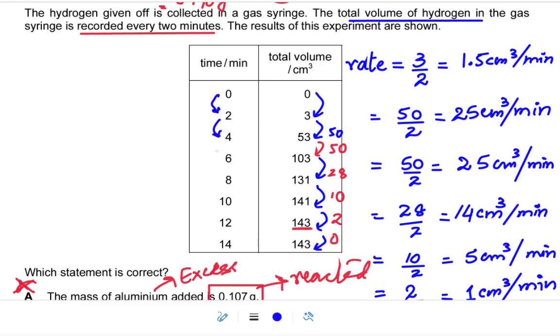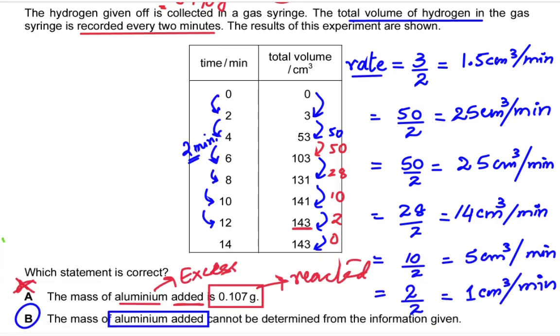So all readings differ by 2 minutes. The reading is taken at a regular time interval of 2 minutes. The total volume produced is recorded after every second minute. So how will we calculate the rate of reaction?